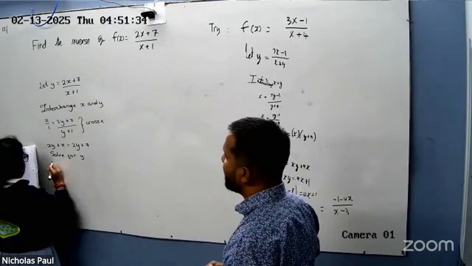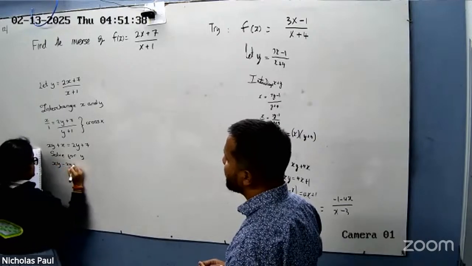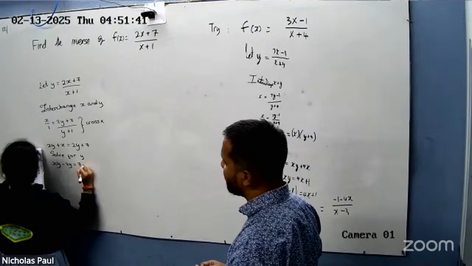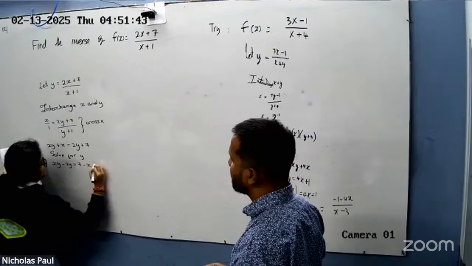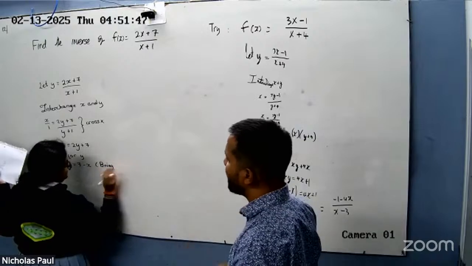Right, so she made y the subject, interchanged x and y, she cross multiplied, and now she's solving for y.